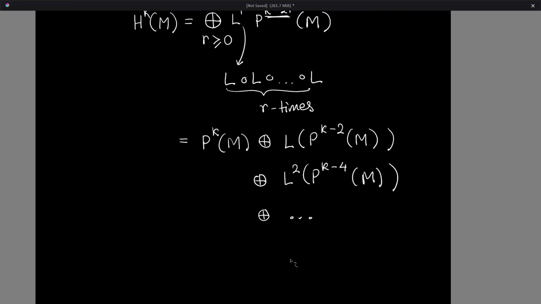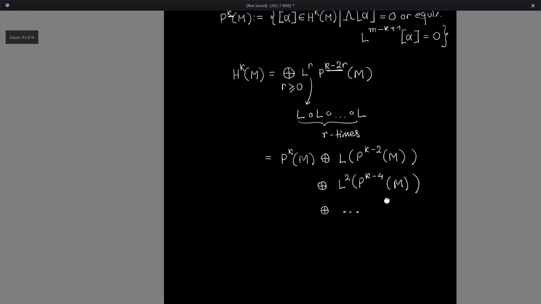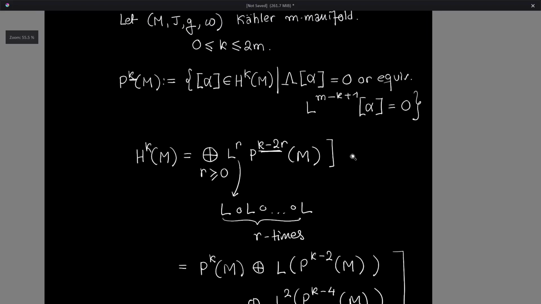We get more and more of these, and eventually we can get to a finite number of these capped by the manifold's dimension. So this is the Lefschetz decomposition, or if you prefer, this thing is the Lefschetz decomposition.